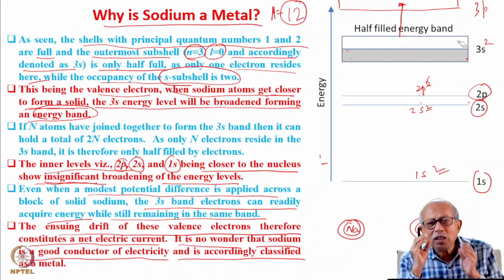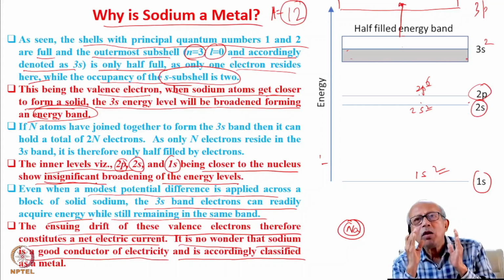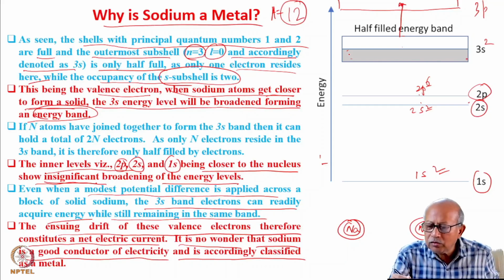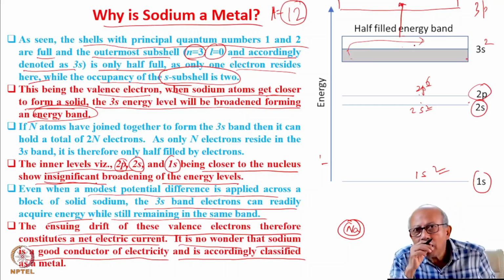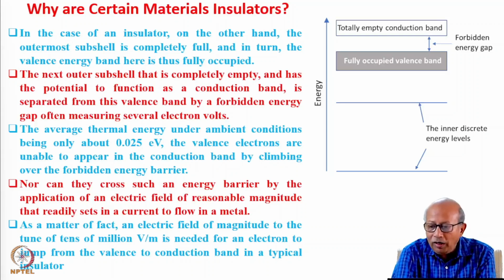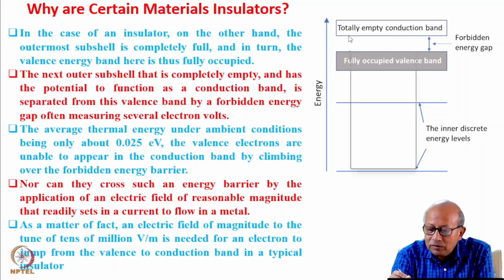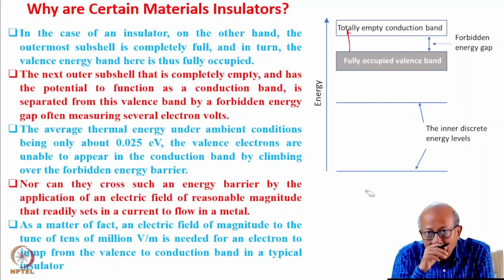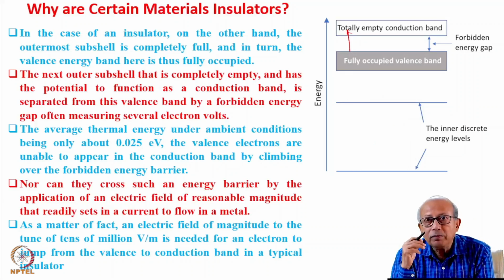So even a very small, insignificant voltage that is applied can cause these electrons to move around in this empty space in energy. So the voltage that would be required for an electron from the valence band to cross over into the conduction band can be extremely high.